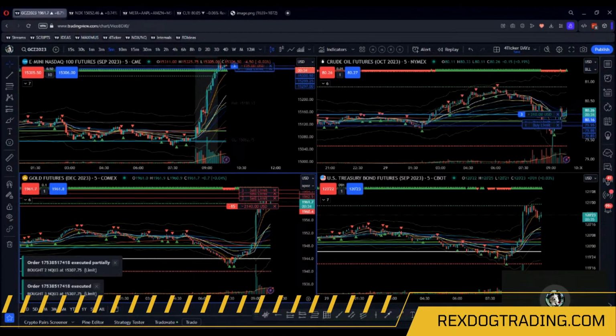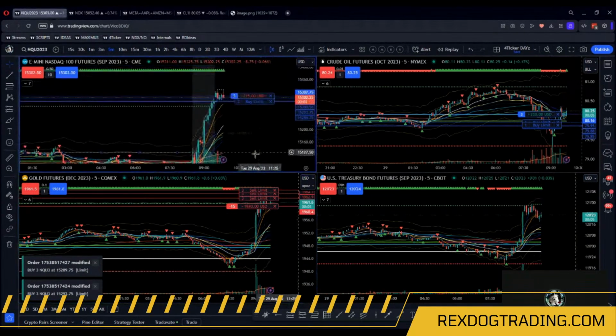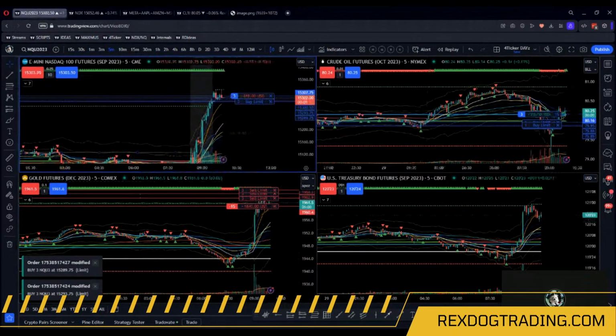I picked up on the pullback there. Oh, that's how you do that. See if it's going to be a deeper pullback here. It's a longer trade on the GC filled, the gold trade.